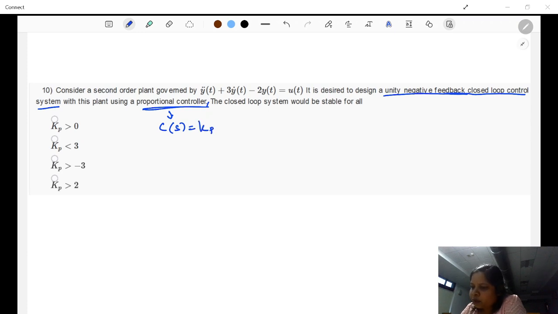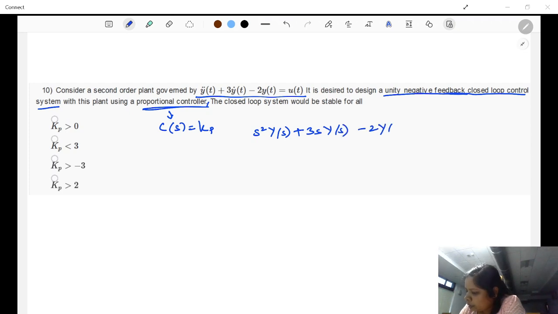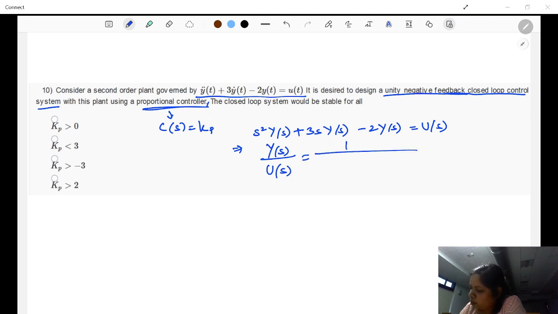Okay. Now what we are going to do? We are going to solve this differential equation. So it would be s square Y(s) plus 3sY(s) minus 2Y(s) is equal to U(s). Then Y(s) upon U(s) would be 1 upon s square plus 3s minus 2.